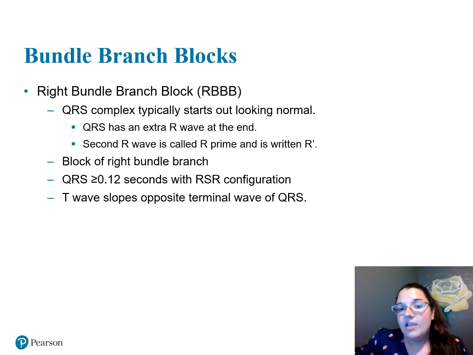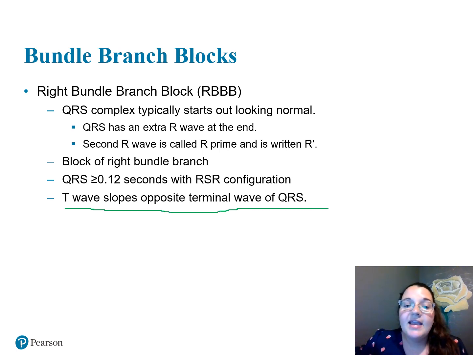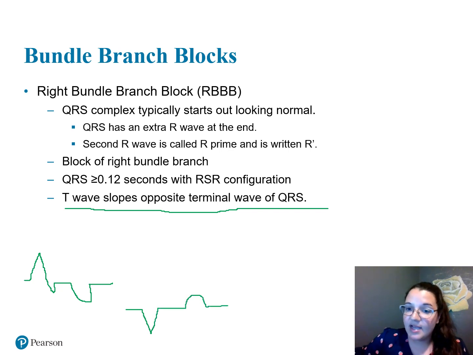Also, your T wave is going to slope opposite. You need to know this. Your T wave will slope opposite of your QRS. So if I have a positive QRS, my T wave is going to be negative. If I have a negative QS, my T wave is going to be positive.